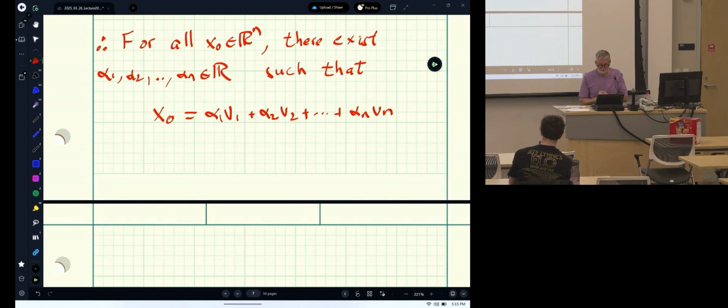So it's not just the initial condition equal to an eigenvector. I can take any initial condition and write it as a linear combination of eigenvectors. Okay.